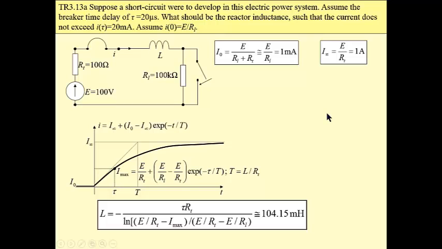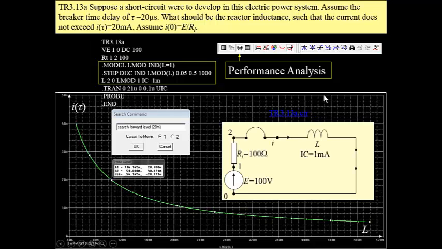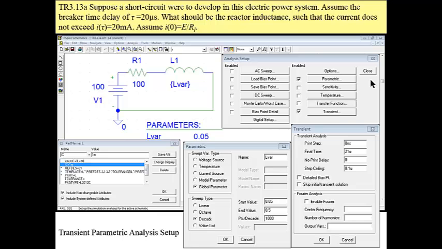A calculation by means of PSpice. This is the PSpice non-schematic version. I'm going to skip it. We have to use a performance analysis. Let me show how to do this using the schematics version. So we have to draw a circuit diagram.